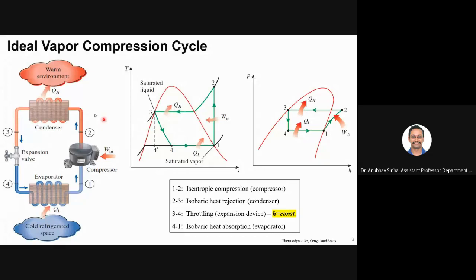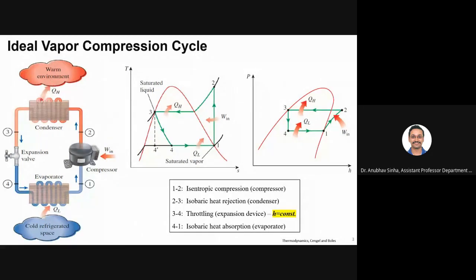Okay, now let us look at how the cycle is made. The first process starts from here. You have a compressor. You compress the working fluid from 1 to 2. Then that fluid is passed through a condenser. In that condenser, it is subjected to a warm environment, let us say the outside ambient air.